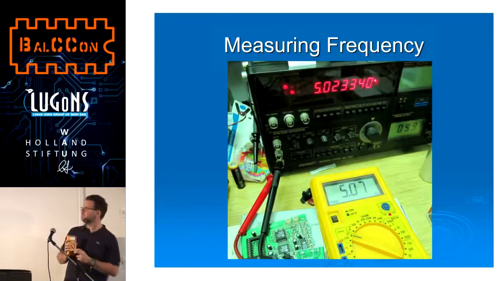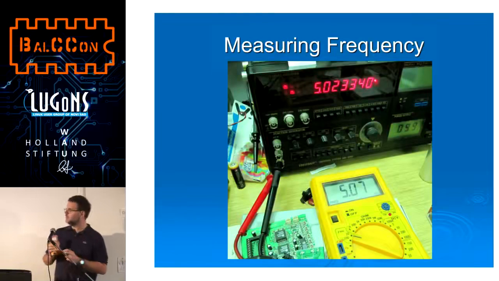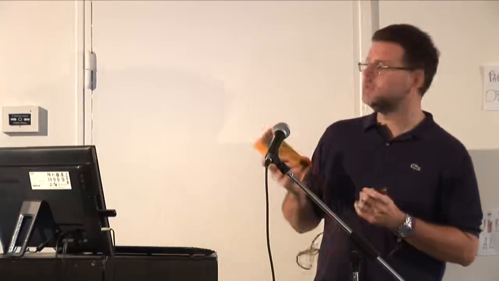Here's a generator of a 5 kilohertz signal, and I'm measuring 5.07. The source is 5.02. That's about 5% error, and that's okay. Measuring frequencies is not very accurate with these small, cheaper multimeters, but still can be useful.